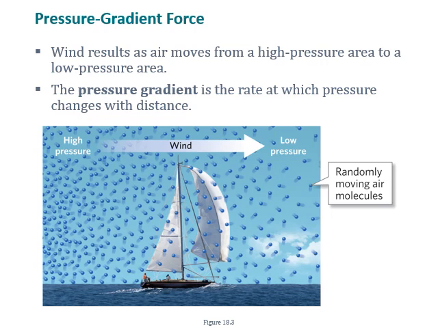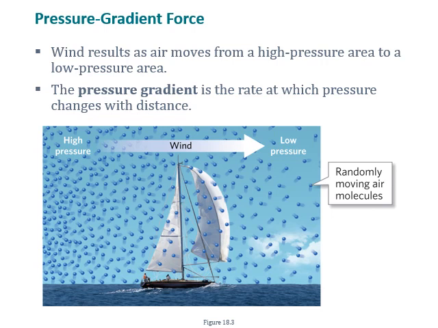The pressure gradient force is the rate at which pressure changes with distance. Wind results as air moves from a high pressure area to a low pressure area. So in the figure below, we see that on the left, the molecules are closely spaced or densely packed together in a high pressure zone.